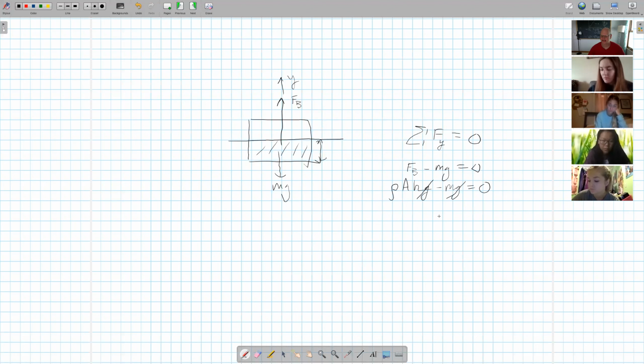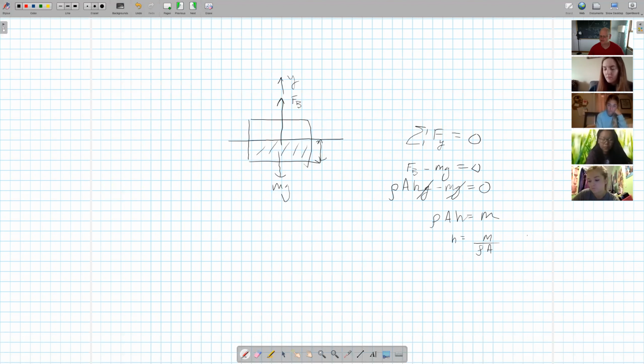So what this says is that rho times A times H is equal to M. The density of the fluid times the cross-sectional area times the height is equal to the mass of the object. Solve that for H. H then is equal to M divided by rho times A.